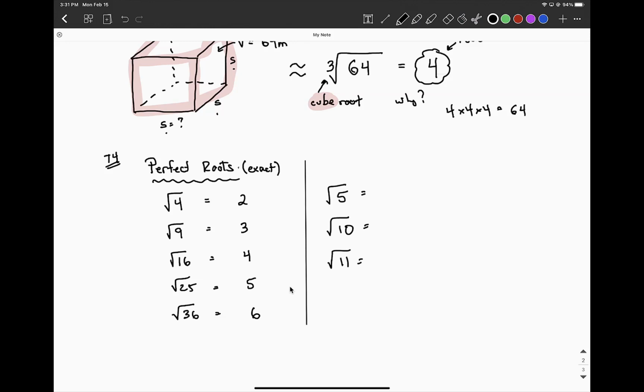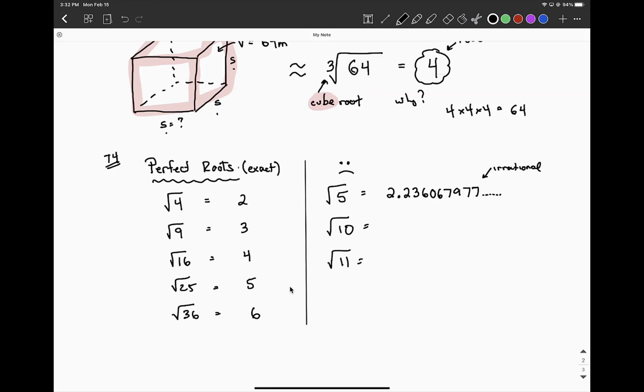These are the worst roots to work with because they just give you an endless decimal. There's just nothing you can do with the square root of 5. Maybe you can write 2.236067977, but that's only what my calculator is going to show me. It doesn't show me all the decimals. This thing keeps on going forever. It's a really, really awkward number. In fact, this is called irrational.